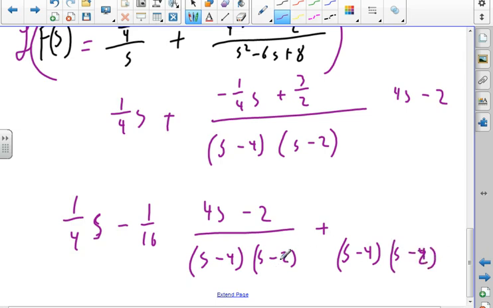Now, what is my residual? This is positive 1/8. So I have a positive 1/8. I take away from that.